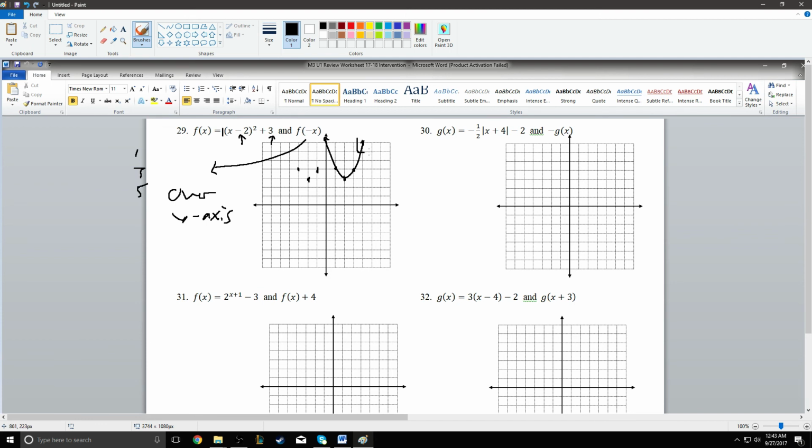And this point up here is 1, 2, 3, 4 away. So you go 1, 2, 3, 4 away. So that's f of x, and that's f of negative x.